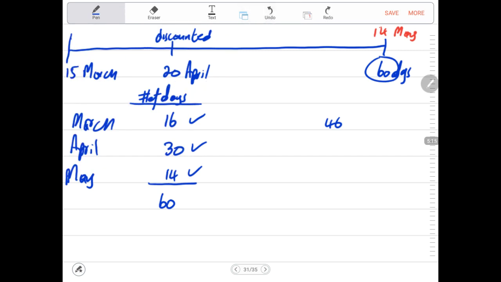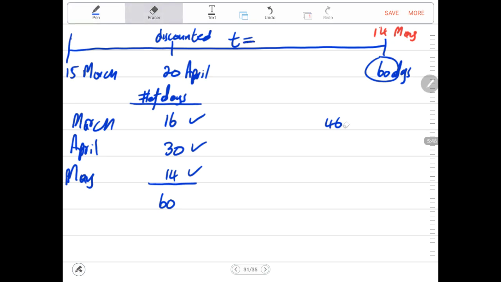Now we need to know the number of days from the 20th of April up until the due date of this bill. Remember, that will be represented by T, which we call the unexpired period. The unexpired period is the period between the discount date of the bill and the due date of the bill. Hence, it was important for us to know the due date so that we can calculate T, our unexpired period.